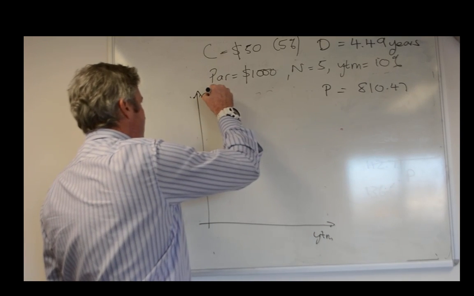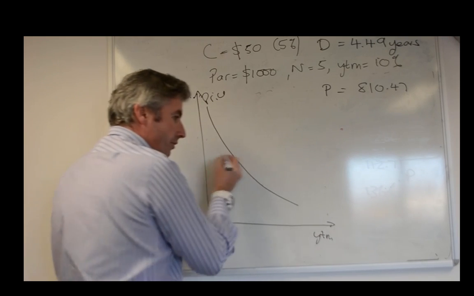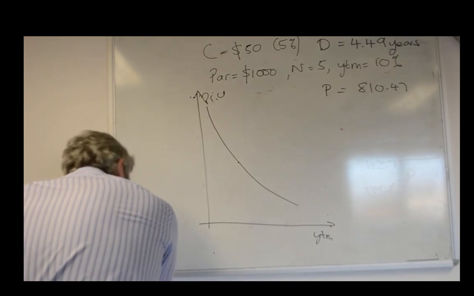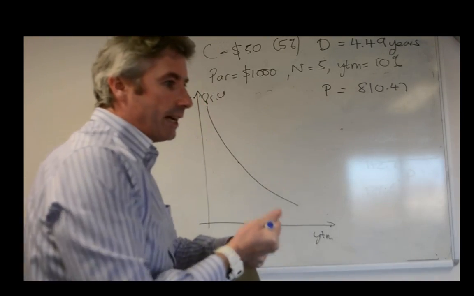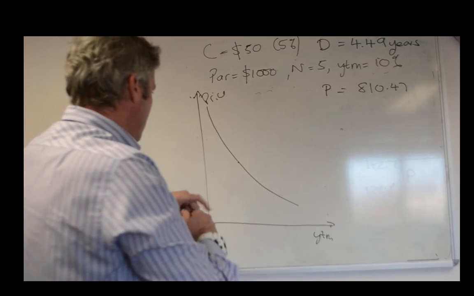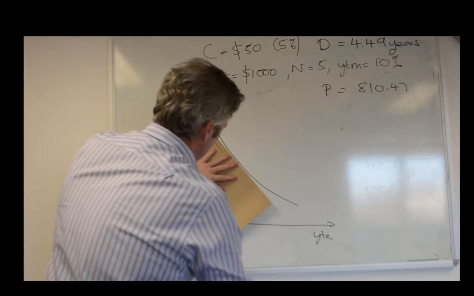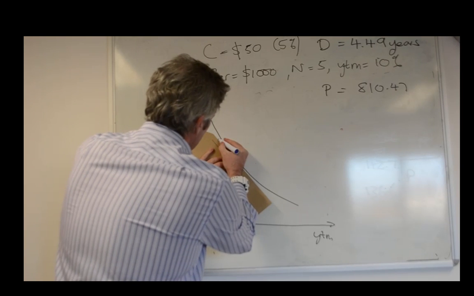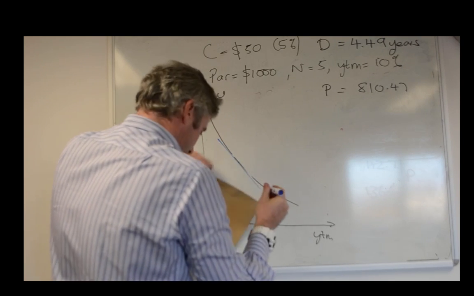So we've got the price here, and it's a convex relationship. And effectively what we have just found is the tangent at that point. So we effectively found the tangent at that point, where the yield to maturity is 10%.